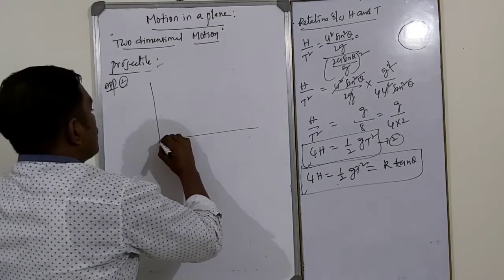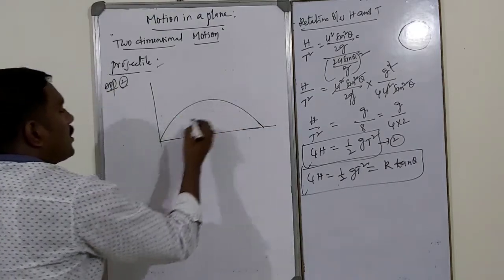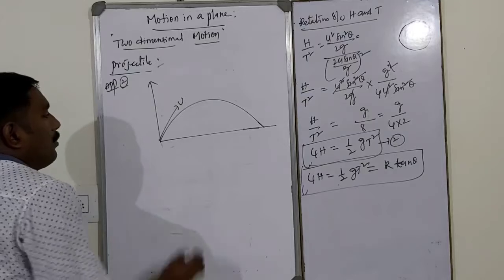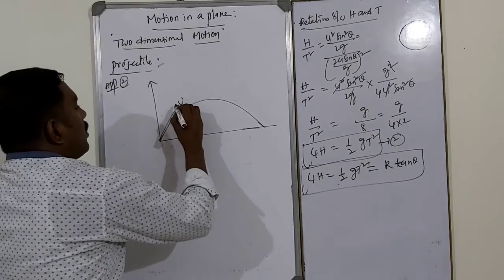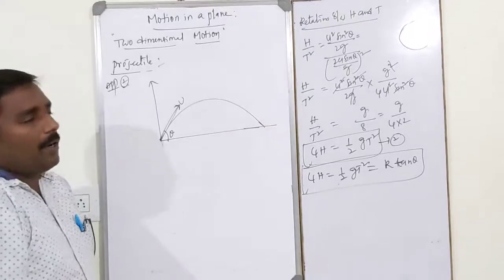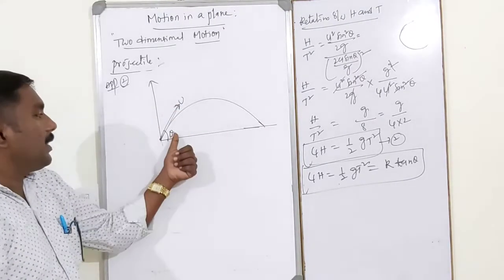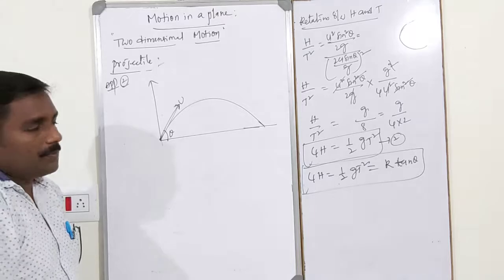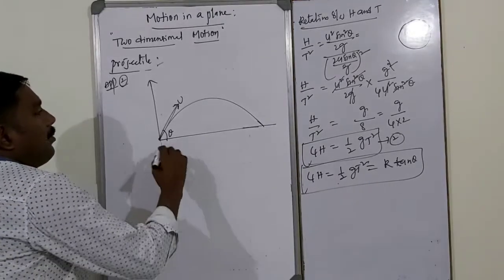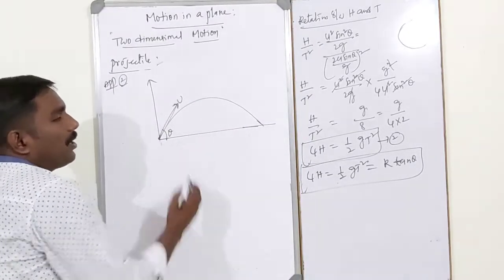A body is projected with a velocity of U, making an angle of theta. A body is projected vertically upwards with an angle theta with the horizontal. So then a body is projected making an angle of theta with the horizontal.